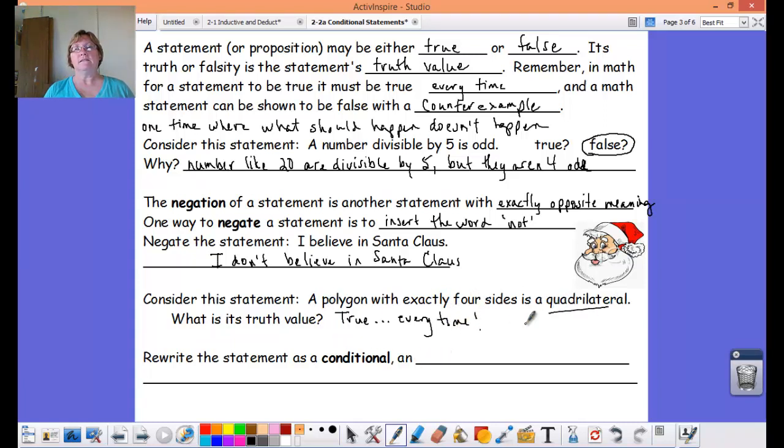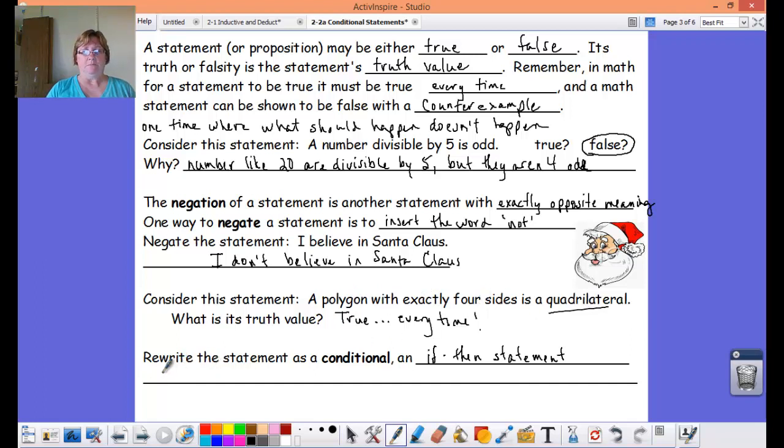I'd like us to take this statement and let's move into the next part of our lesson by writing this in conditional form. That is an if-then statement. The one thing that we have to worry about is keeping the order correct. This talks about a polygon with 4 sides being something.